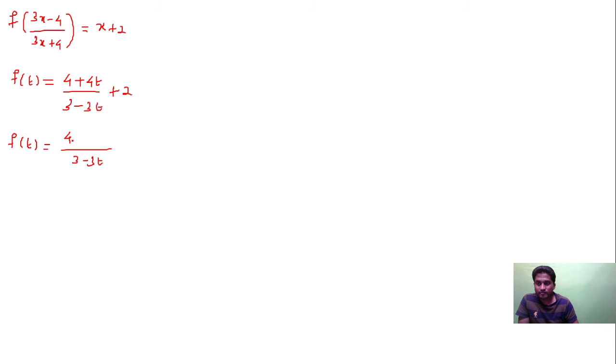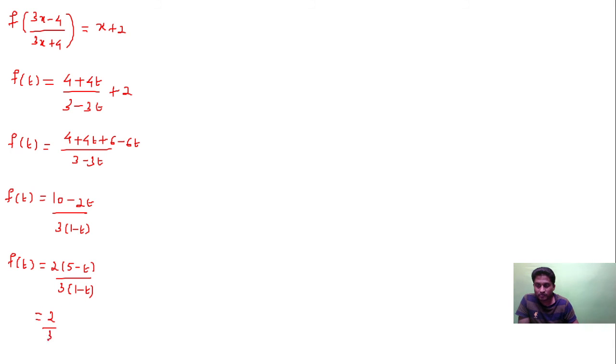Cross multiply, you get 4 plus 4t plus 6 minus 6t. F of t is equal to 10 minus 2t upon 3 into 1 minus t. I can write f of t is equal to, take 2 common, 2 by 3 into 5 minus t upon 1 minus t. Follow carefully now. 5 minus t can be written as 1 minus t plus 4. Both are same, 5 I wrote as 1 plus 4, upon 1 minus t.